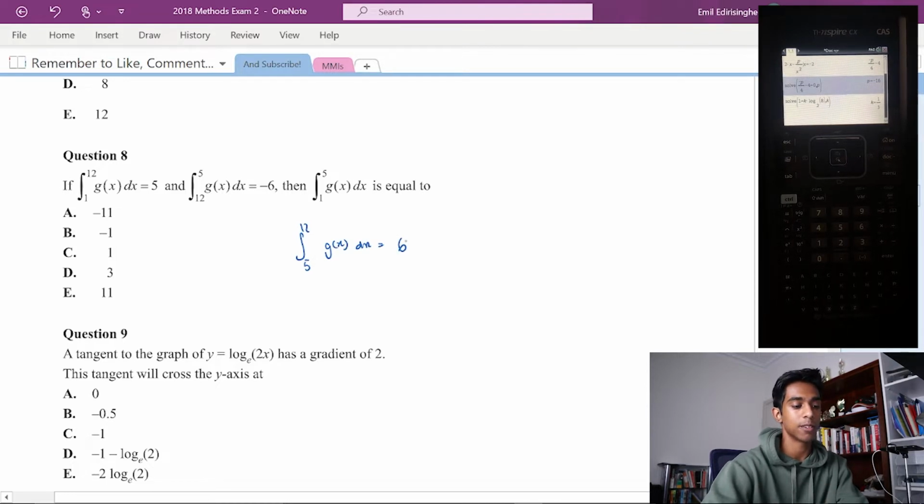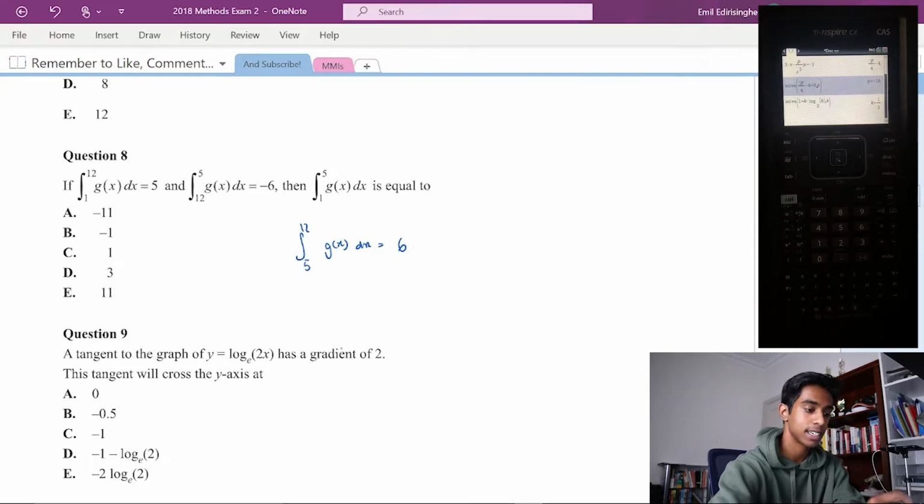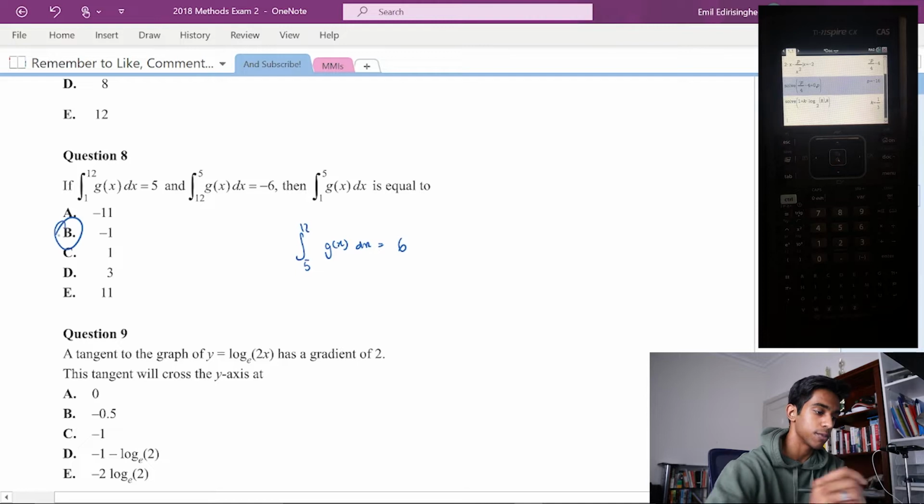So now we're looking for 1 to 5 of g of x. What we have to do here is the integral from 1 to 12 minus 5 to 12 of g of x, which will probably give us our answer. So if 1 to 12 of g of x equals 5 and 5 to 12 of g of x equals 6, then we minus these two to get 5 minus 6, to get negative 1.